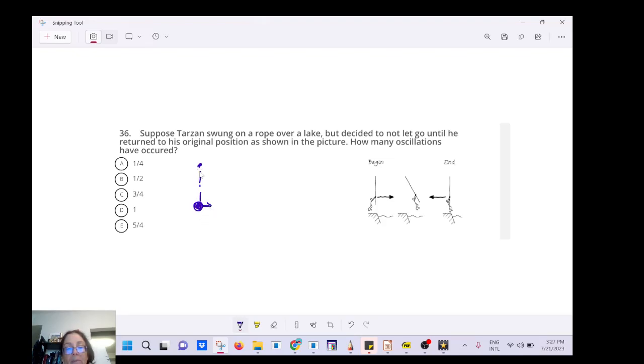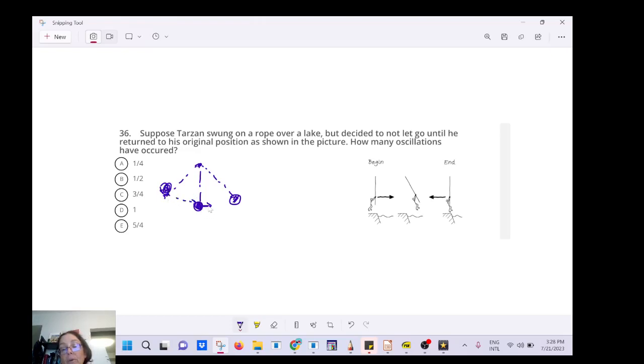So if you have a pendulum, to have one cycle, it has to go back to its equilibrium place. And so it has to go from here, and then it goes back here, and then it goes back to here, and then back there. It has to finish. And it's coming back there, right?